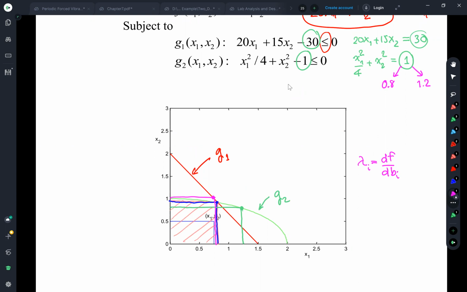For the linear line T1, it will shift a little bit to the right-hand side. And similarly for the green ellipse, G2, if I change from 1 to 1.5, the ellipse is bigger. And if I reduce from 1 to 0.5, the ellipse is smaller.